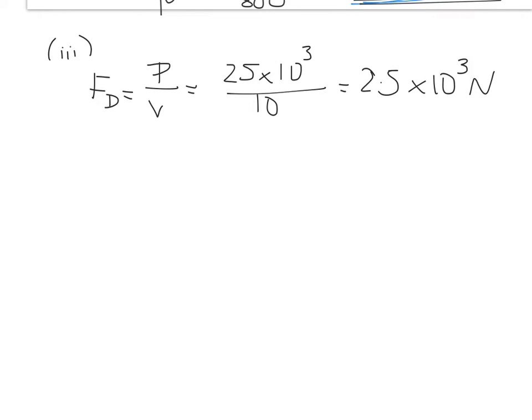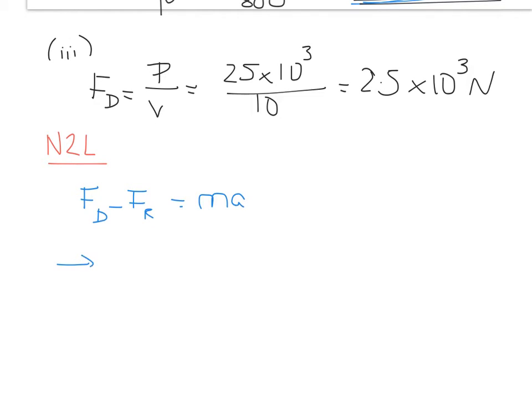Now we're going to apply Newton's second law. Whenever you're applying it, it's a really good idea to say it. Just occasionally the exam board decides to reward you for saying what you're doing, and it's good practice anyway. So we know that the driving force minus the resistive force would be ma.